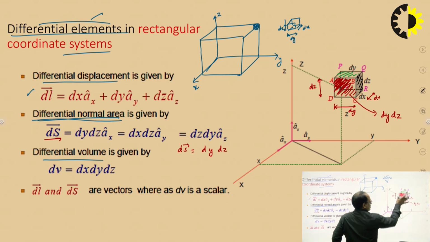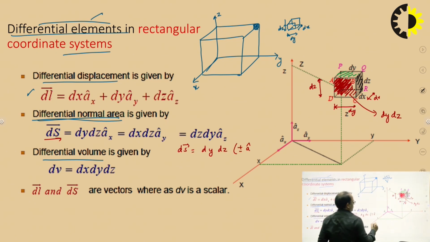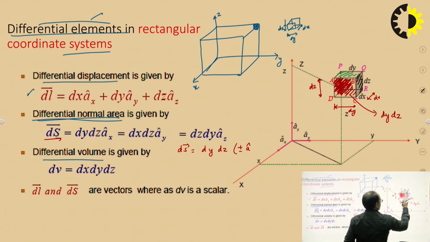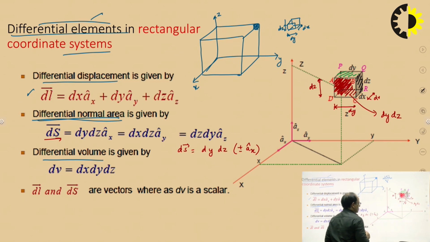Say this is the front of the cube, this is a wall, or you can say this is the screen. The perpendicular to this plane will be either inside the screen or outside the screen. So this can be equal to plus minus a cap x, in the x direction, meaning perpendicular to the YZ plane. Clear?